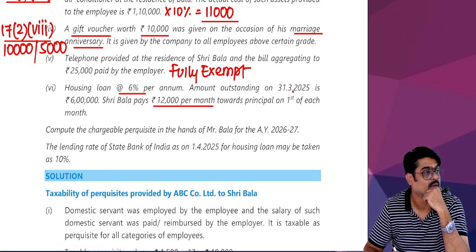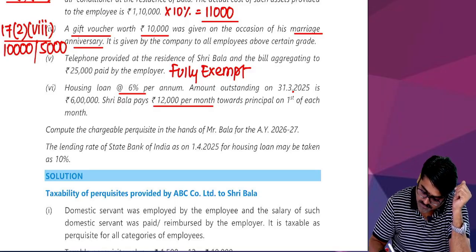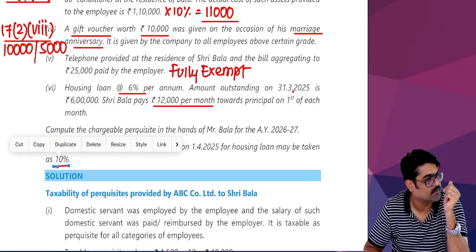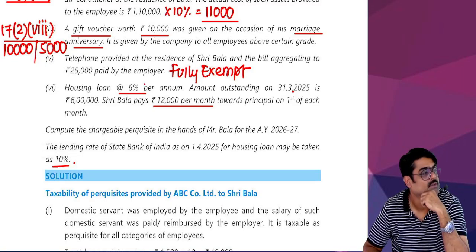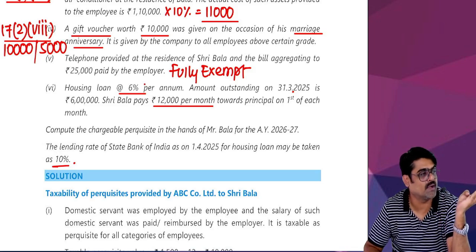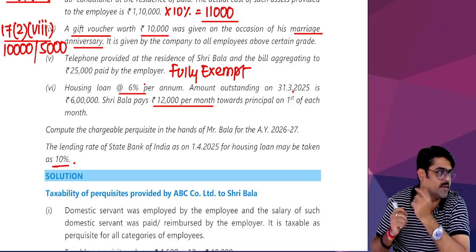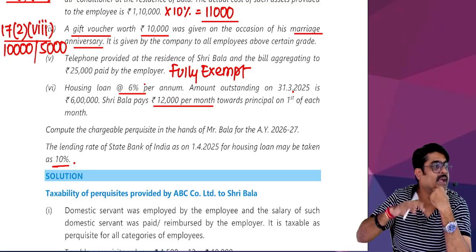On that, how much is the interest benefit? See, the lending rate of SBI is 10%. So the SBI rate is 10%. The employer is charging 6%. Interest benefit is not the interest the employer is charging.